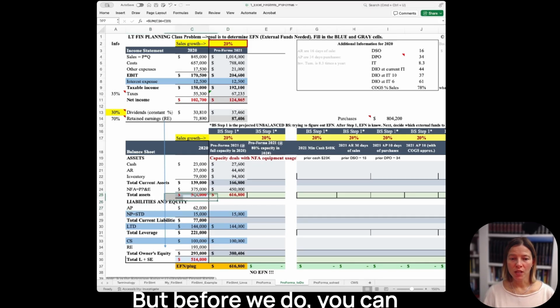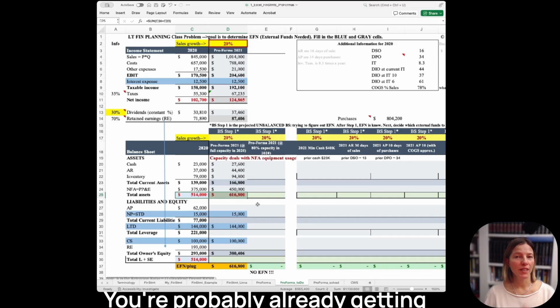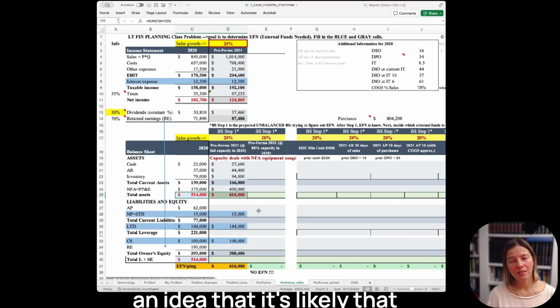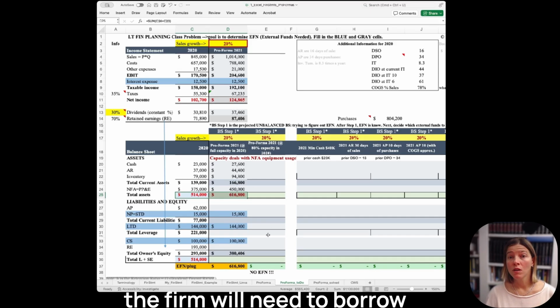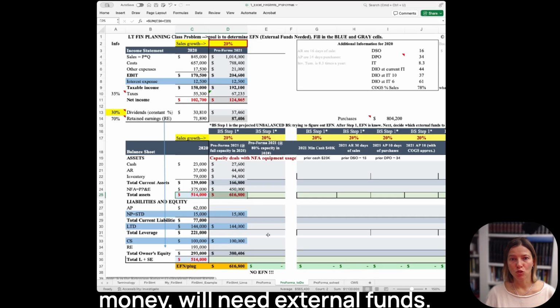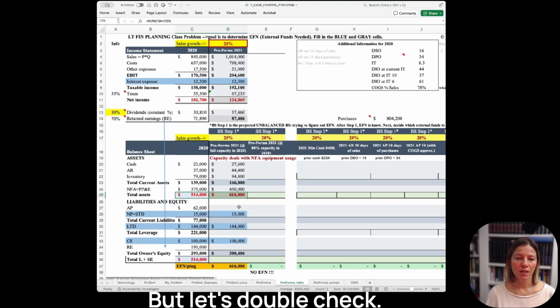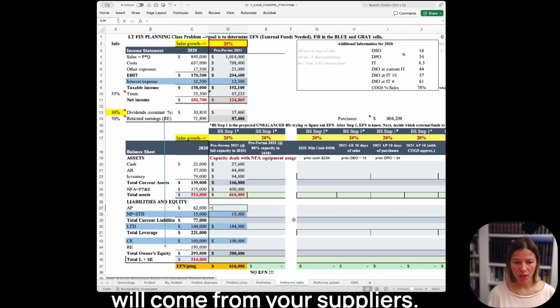But before we do, you can already see that the increase in total assets is higher than $100,000. So you're probably already getting an idea that it's likely that the firm will need to borrow money, will need external funds. But let's double check because some of the money will come from your suppliers.